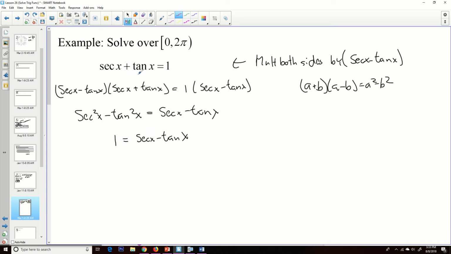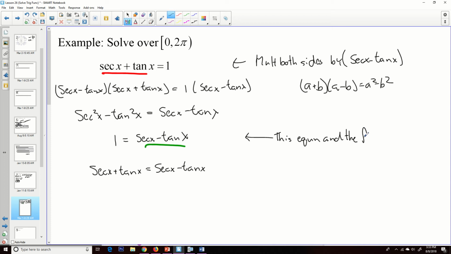So I can take this expression and that expression, and set them equal to each other and say secant x plus tangent x equals secant x minus tangent x.